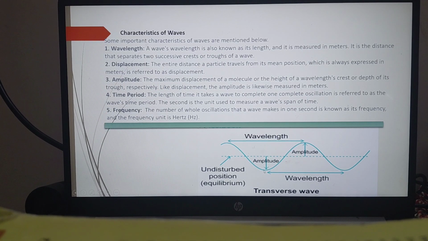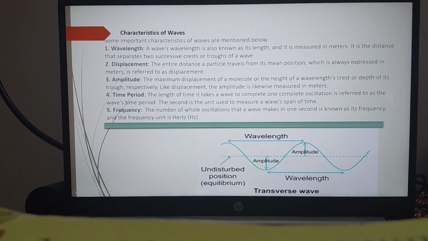Here, what is amplitude? The amplitude is the distance from the axis to the peak, upper or lower, that is crest and trough. This area is called amplitude.